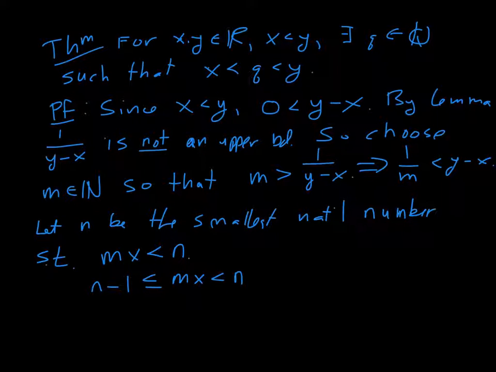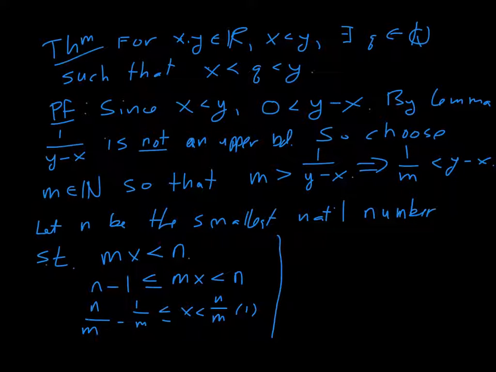Now let's divide both sides of this expression by m, and we'll get n over m minus 1 over m is less than or equal to x, which is less than n over m. We'll call this compound inequality 1. And over here we'll say, since 1 over m is less than y minus x, we're going to get this.